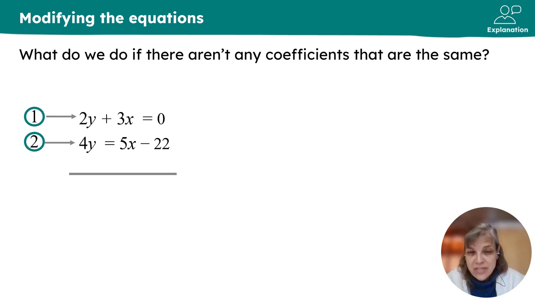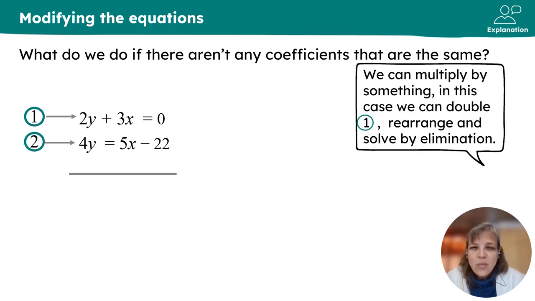Now here's a different set of simultaneous equations where you don't have the coefficient the same. So there's some rearranging needed, but there's also a step of multiplying. We can multiply by something for one of the equations, or both of the equations if need be.